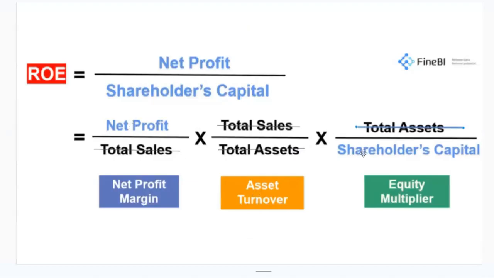Then if we look at our total assets on asset turnover, we can cancel that out with the equity multiplier's total assets. And we are left with the same exact formula for return on equity, which is our net profit divided by our shareholders' capital, or our shareholders' equity.